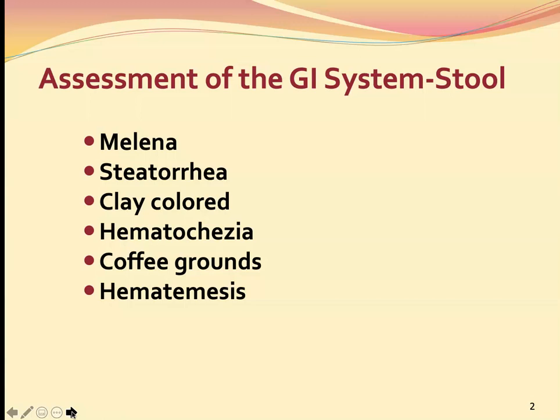And then hematemesis is a bright red blood vomit, and it could be indicative of a fast bleed. So these patients have to be evaluated for the cause of bleeding in all of them.